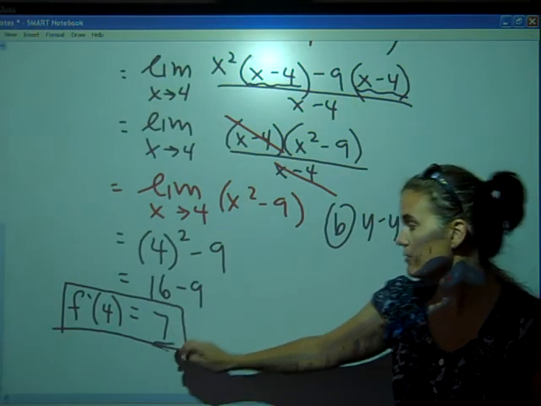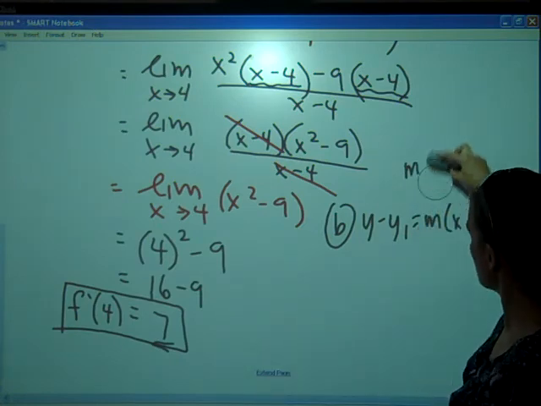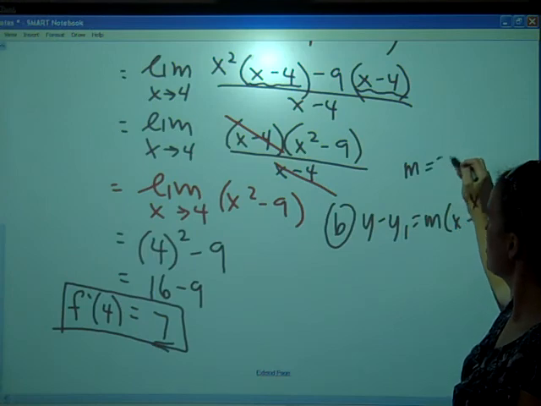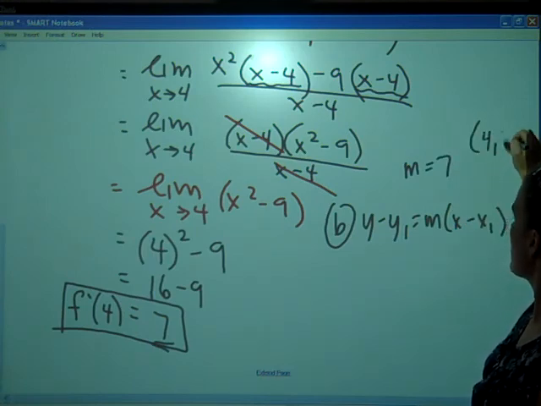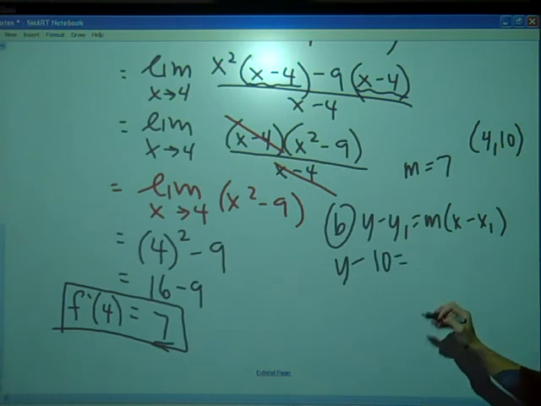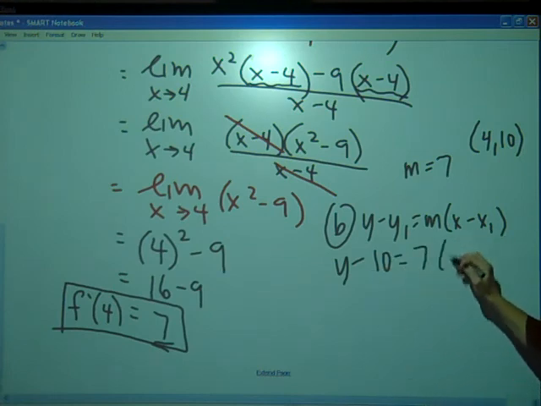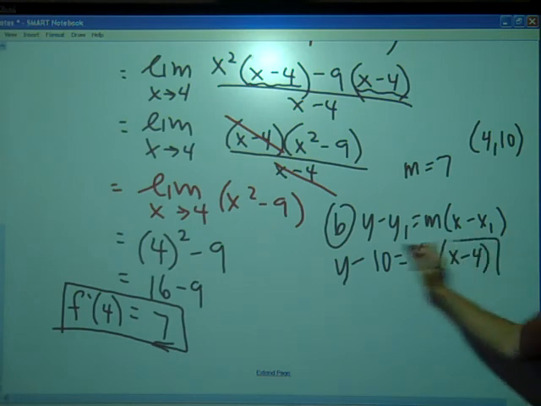This is their derivative value, so the slope is 7. And the derivative at that point will equal the slope. And then the point that it went through was 4 comma 10. So the final answer for the equation of the tangent line is y minus 10 equals 7 times x minus 4.